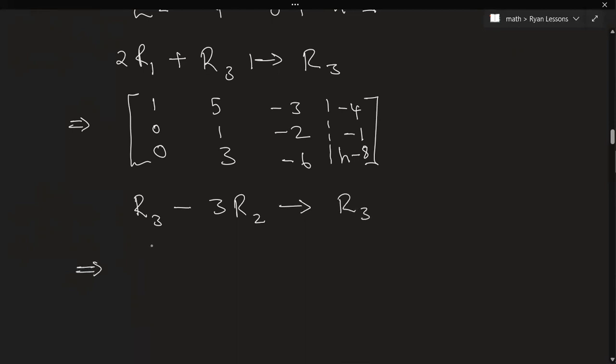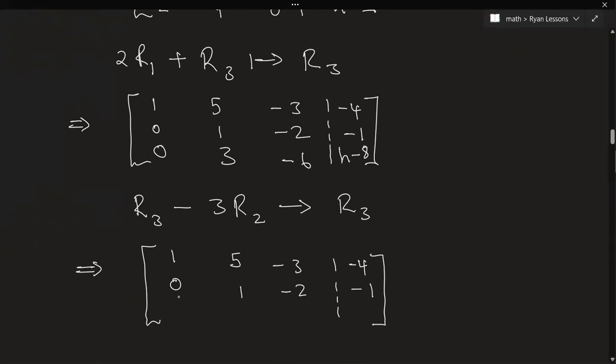So what happens there? So the first will remain like that. I'll have 1, 5, -3. Then 0, 1, -2.